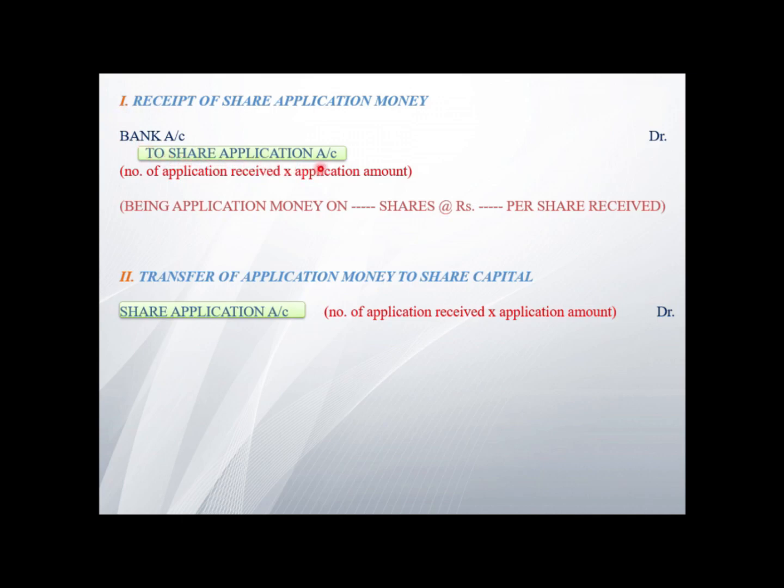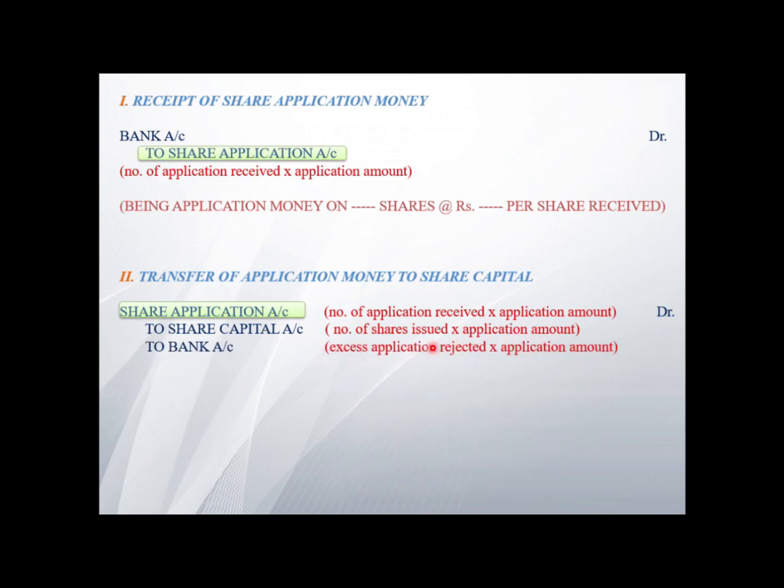So by whatever amount share application account is credited over here, with the same amount share application account will be debited in our second entry. Share application amount is transferred to share capital. So share capital account is credited. Amount will be calculated as number of shares issued multiplied by application amount.